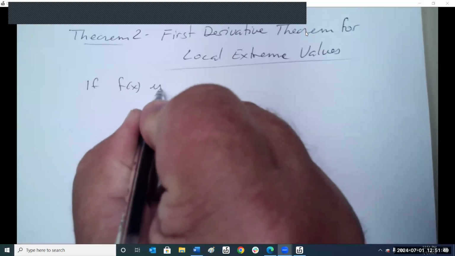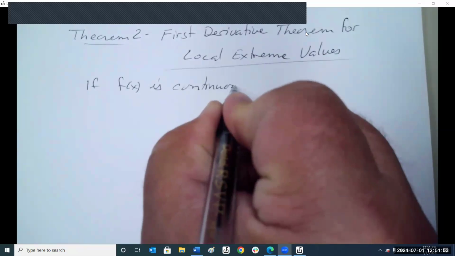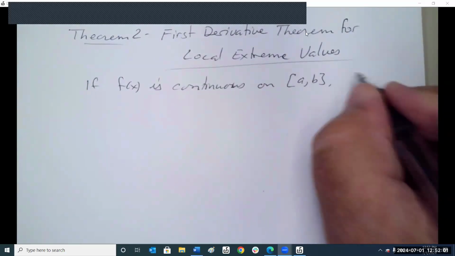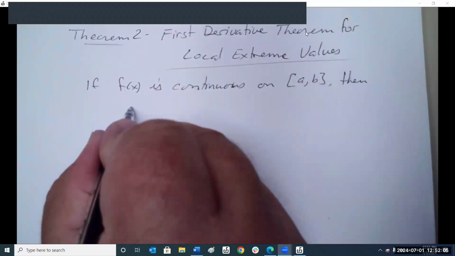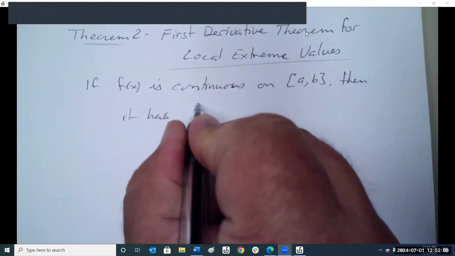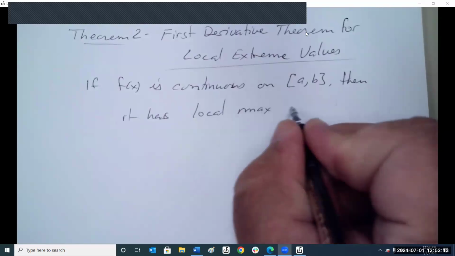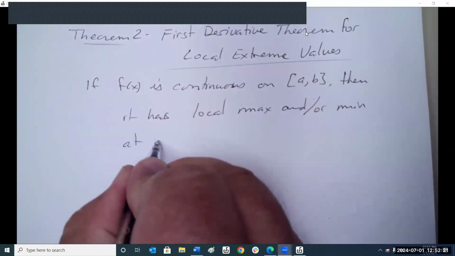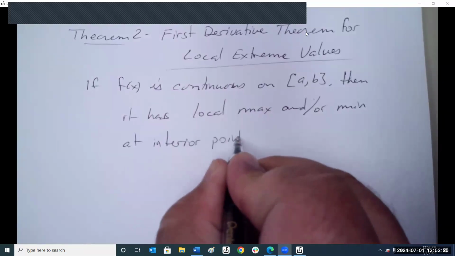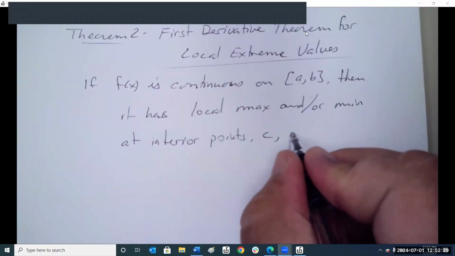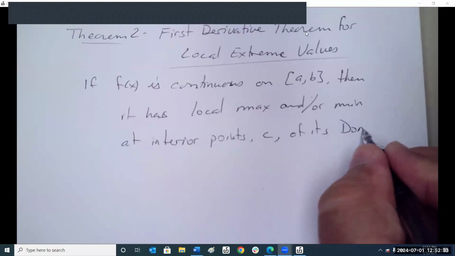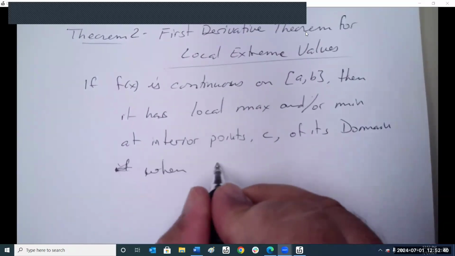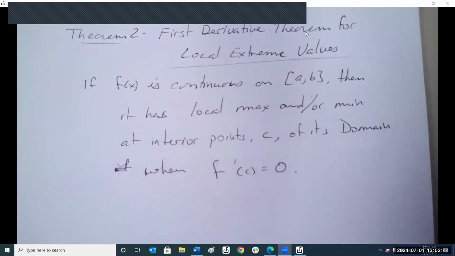If our function f of x is continuous on a closed interval, then it has local max and or min at interior points c of its domain when f prime at that point equals 0.